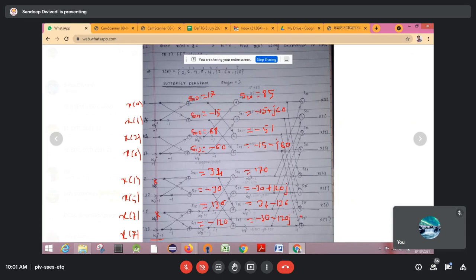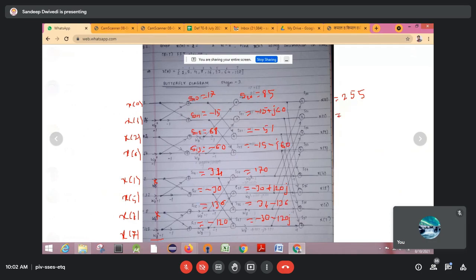So this is all the calculation of stage 2. In the same manner, you can go for the calculation of x of 0. In x of 0, this one, that is 85, and then this one, 170, so 85 plus 170 will be 255. You can do this calculation and verify the answer, that is 255.